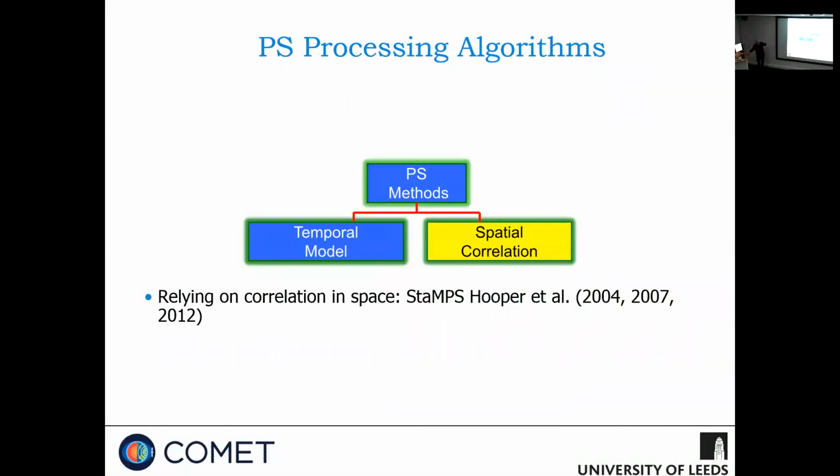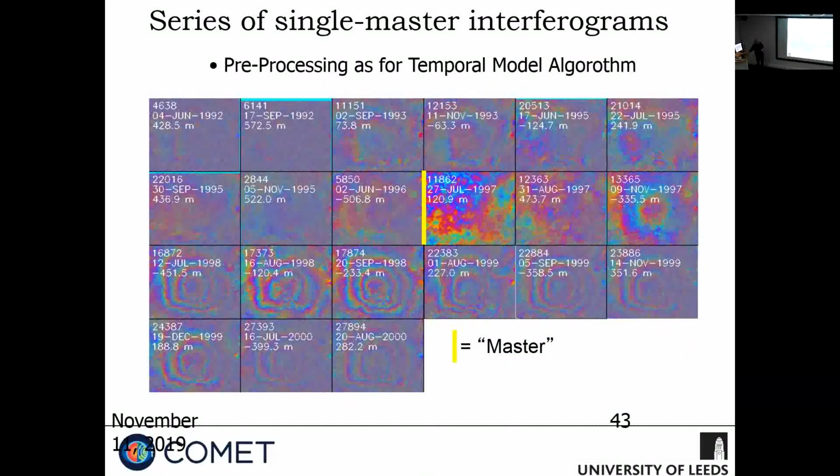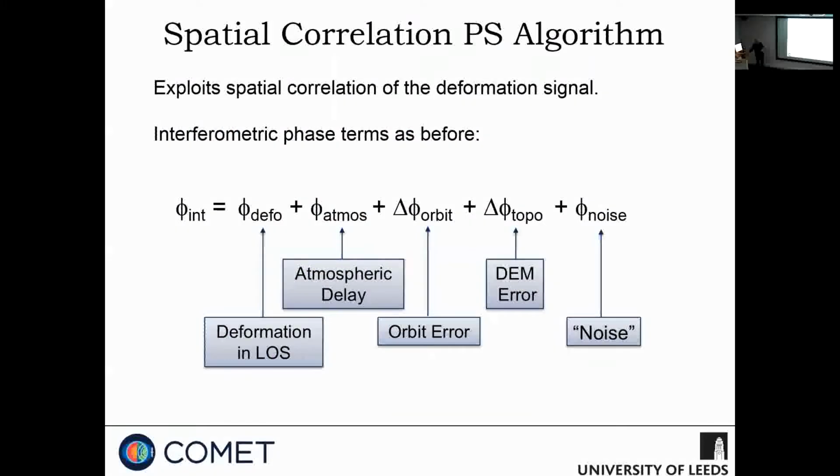Okay, so I worked on developing this different approach, a spatial correlation model. Just to talk about that a little bit. The first step is the same: you just form a bunch of interferograms, all with respect to the same primary image. This is where it differs. This is the breakdown of the phase again, the different terms, and so on.